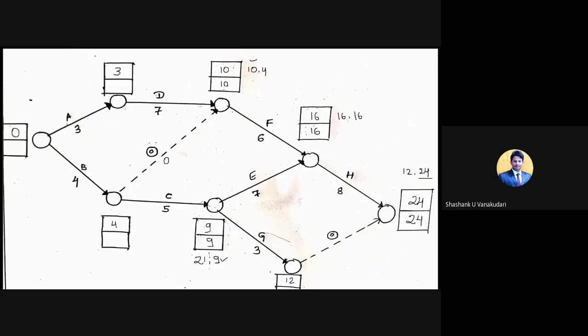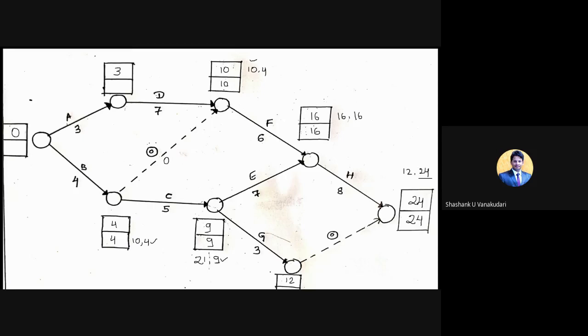Okay, and then 10 minus 0 will be again 10, so the first value will be 10, and then 9 we need to consider here, so 9 minus 5 becomes 4. In this, again I need to consider the minimum value, that is 4. I'm writing it as 4 here.